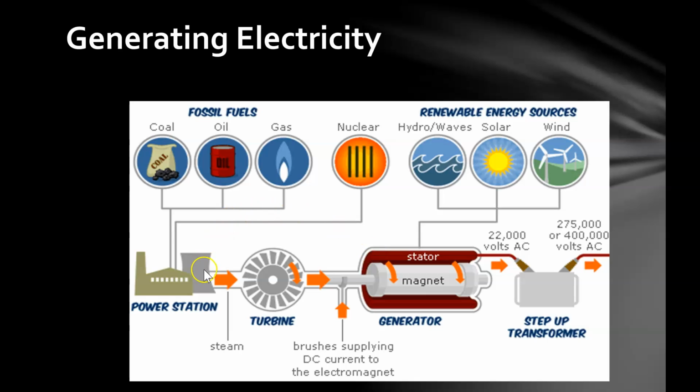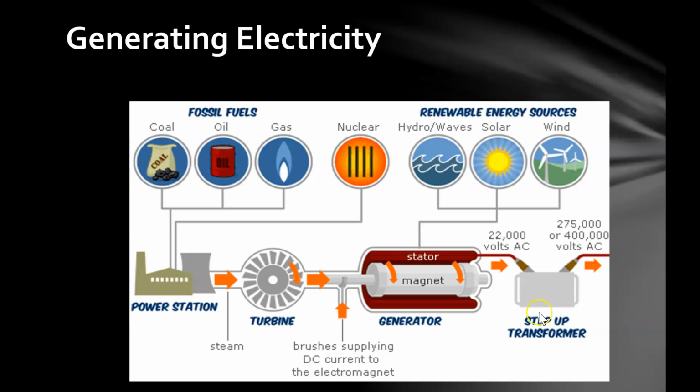For example, with flowing water, the water is directed to a reservoir, and eventually it goes to a turbine, and the high pressure of the water turns this turbine, which then turns a generator, and the generator will convert that kinetic energy, that movement energy, into electrical energy.